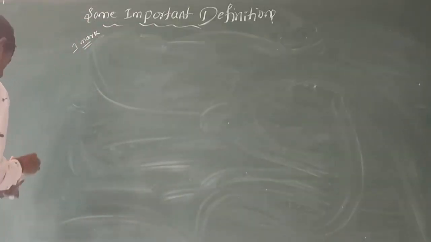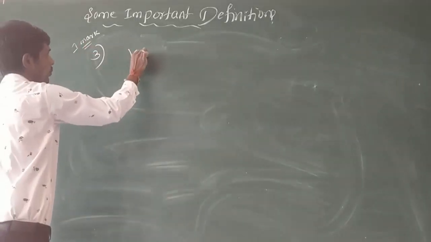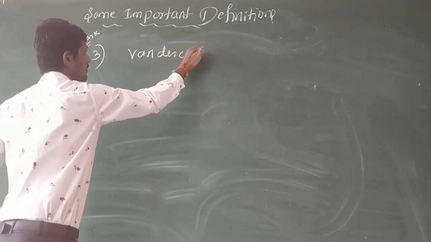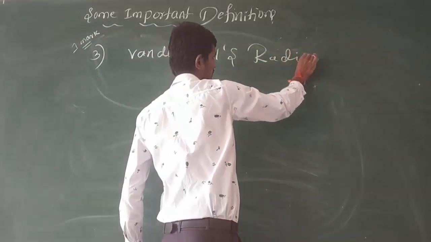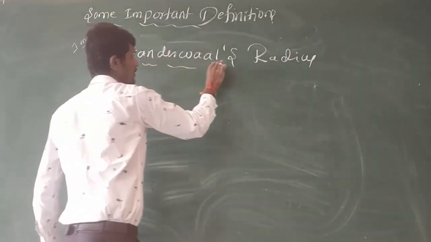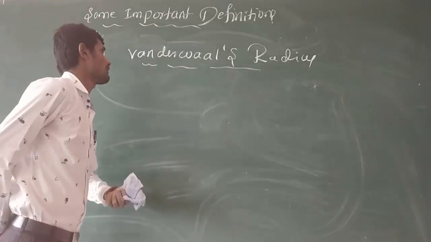Next, another definition, the third point, van der Waals radius. Yes, how do you define this?